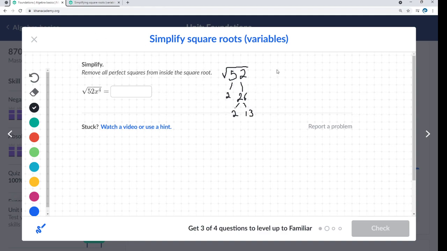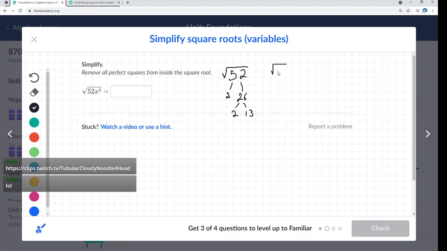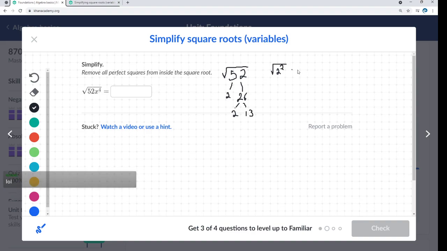So now we have this, basically. 2 to the second times square root of 13 times x to the 4th, right?